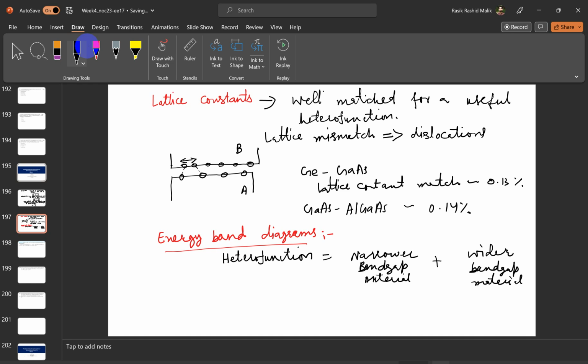For example, we can have the possible cases of the band alignments of the wider and the narrower band gap material. Say this is material A. Let me insert a new slide.